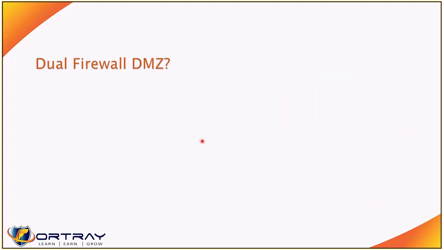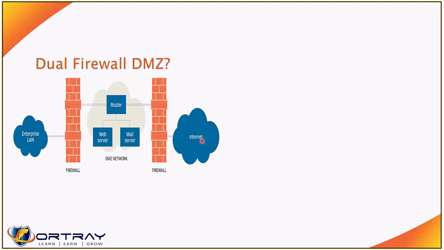The second solution is the dual firewall DMZ. What is a dual firewall DMZ? First of all, it's called a perimeter firewall. People coming from the internet need to be permitted through this system. Once they are permitted, the internal systems, the mail and web servers, are part of another firewall.